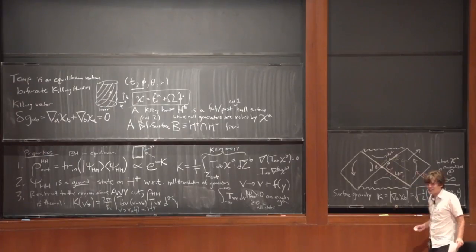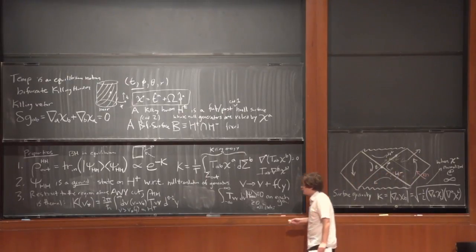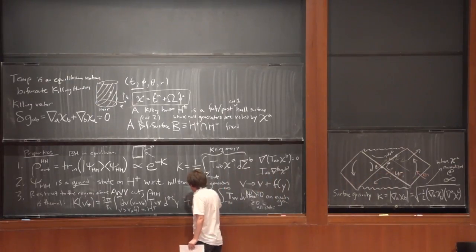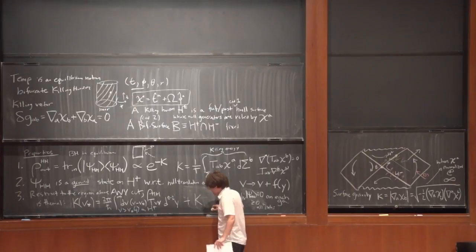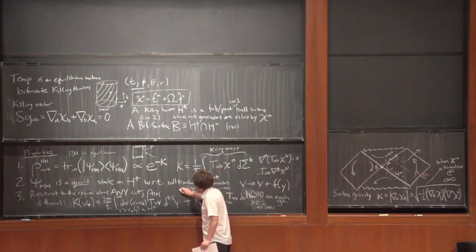If we're in that case, that stuff has a modular Hamiltonian too. That is just associated with the Killing energy of stuff that goes off to infinity. So this is the contribution from scri plus.